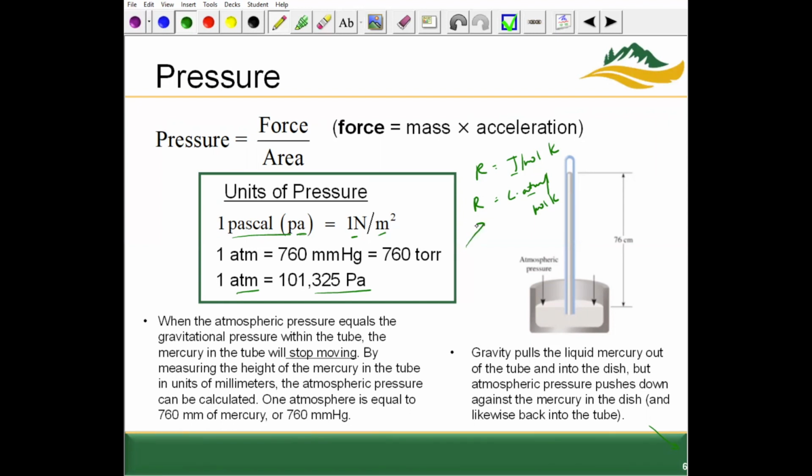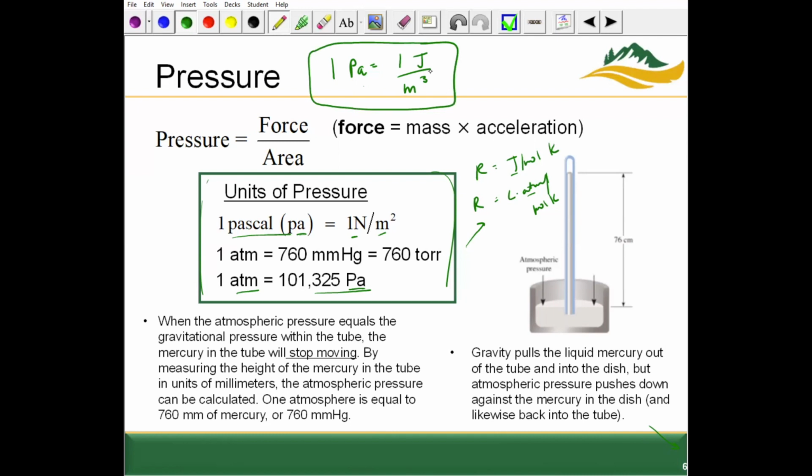But for more practice, let's also make this connection between pascals and joules, because currently that is not listed here in this box. So 1 Pascal is 1 joule per meter cubed. This is another pressure conversion that will be helpful to have.